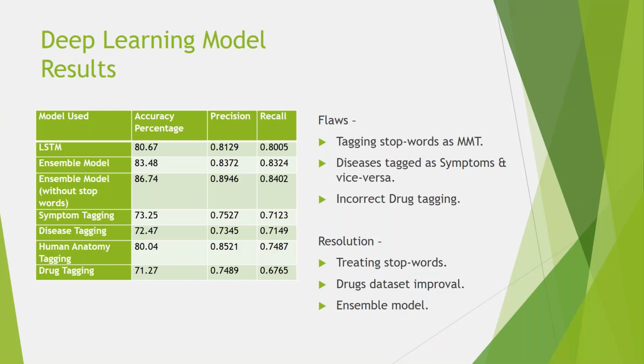Thus, we resolved that we should separately treat stopwords as their corpus is readily available in the NLTK module. Post doing this, we saw a 2% hike in the accuracy of our ensemble model, which is indeed an achievement. This can be noticed towards the left of the results table.